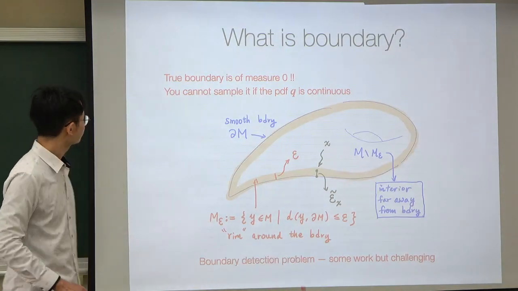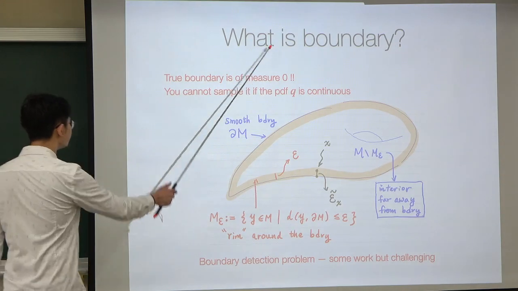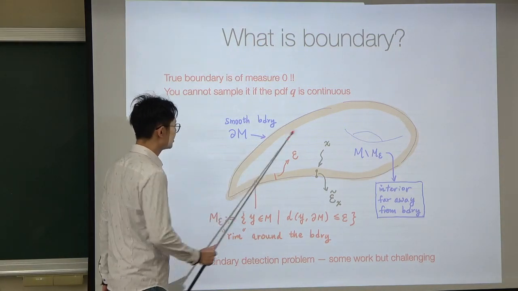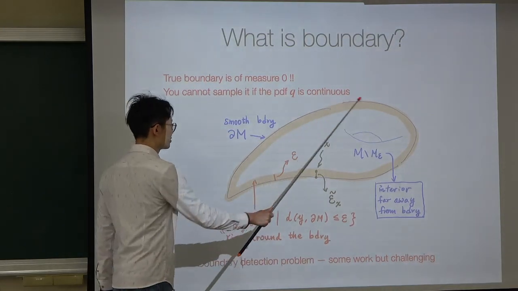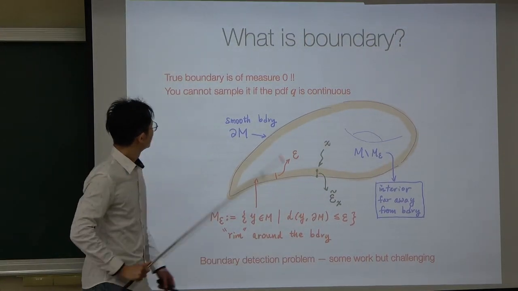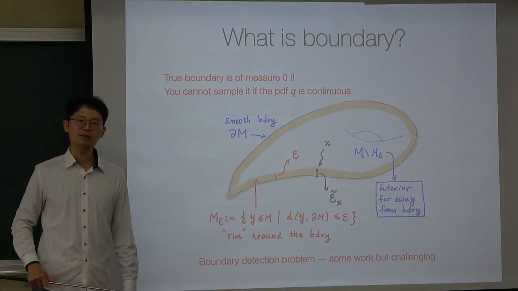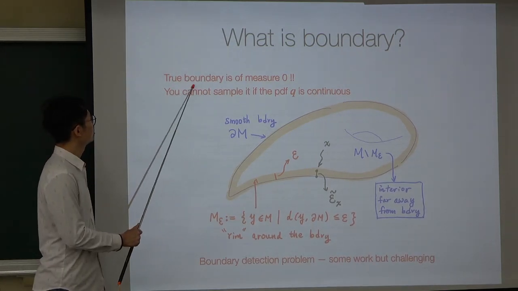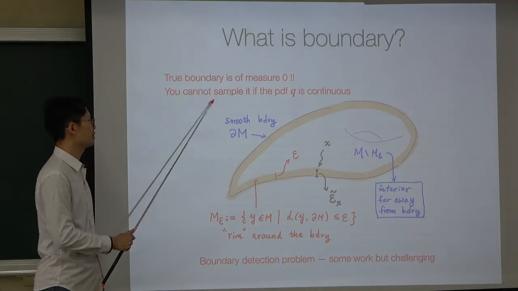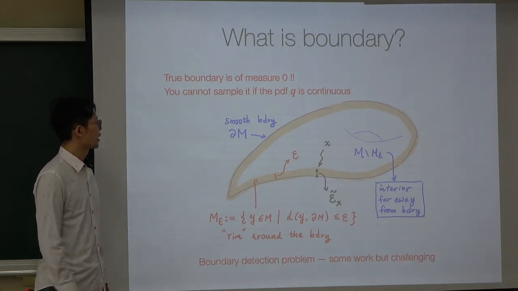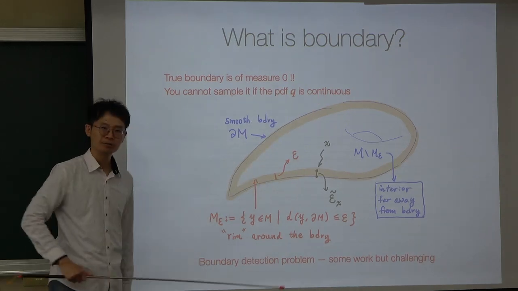So first, what is boundary? Let's say this is a manifold, and the boundary is smooth. That is our assumption. But if you pay attention, you will see that the true boundary is of measure 0. So you cannot actually sample it if the density Q is continuous.